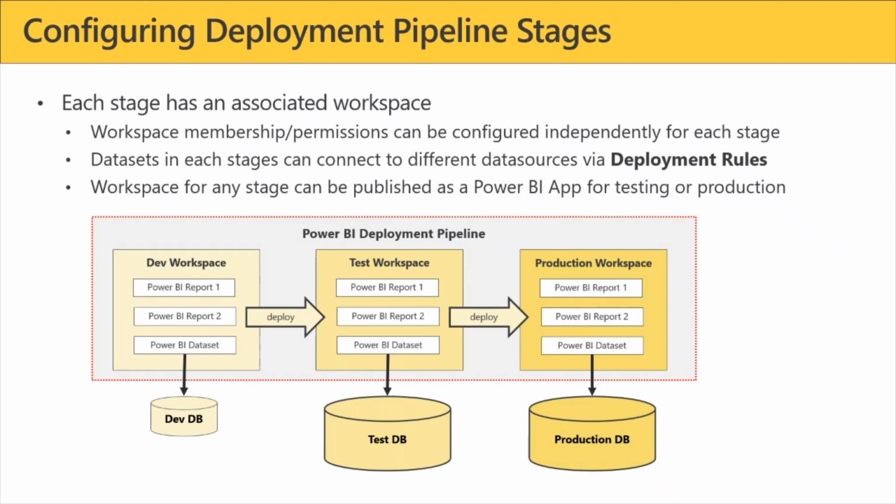And the idea is that we can just keep looking at the dev database in the dev workspace, but once we push into the test workspace, we want to have the data sets reconnect to a different, more realistic database. And then finally, when we deploy to the production workspace, we want to look at the actual production data. And so deployment pipelines via these deployment rules can take care of that configuration for us.